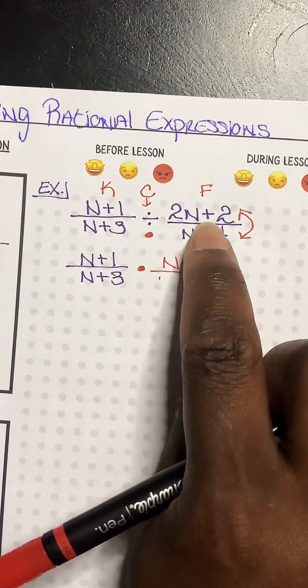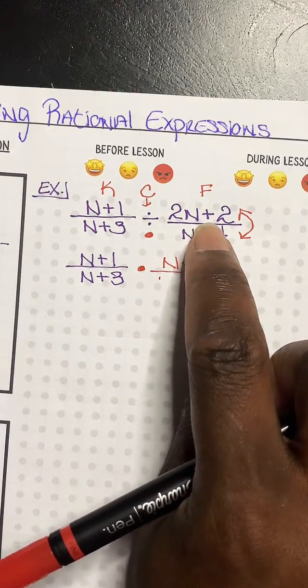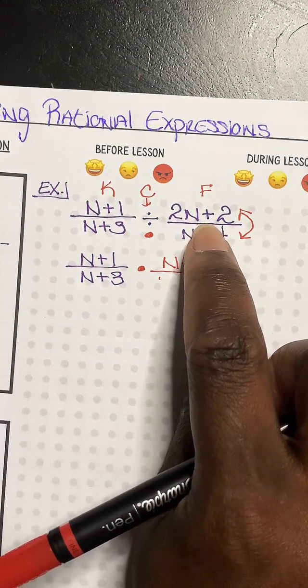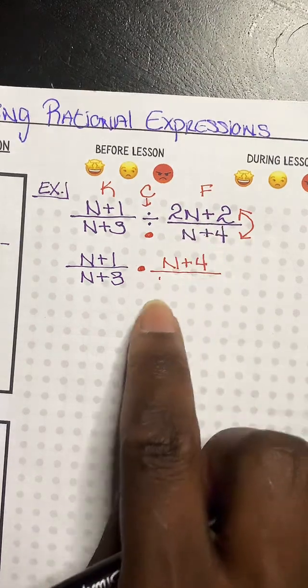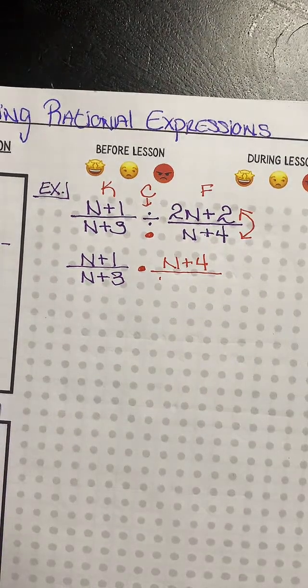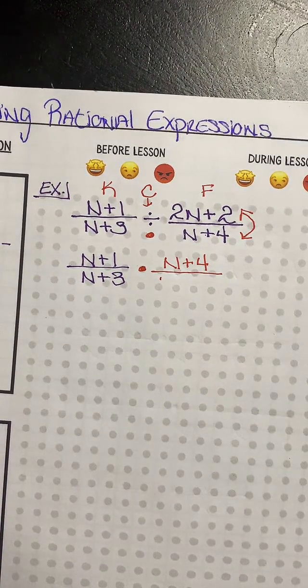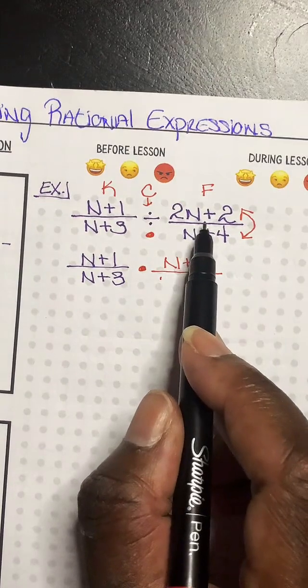But there's something about 2n plus 2 that we can do. Okay? What do we got to do with this 2n plus 2? Yes, we want to factor out the 2.